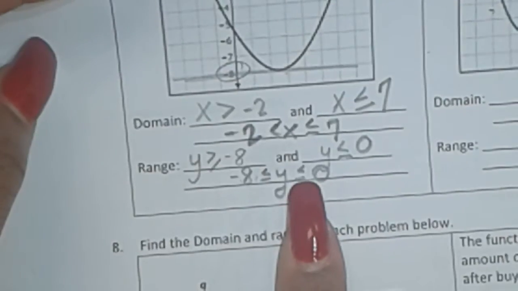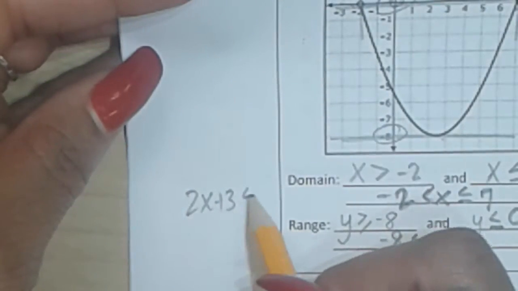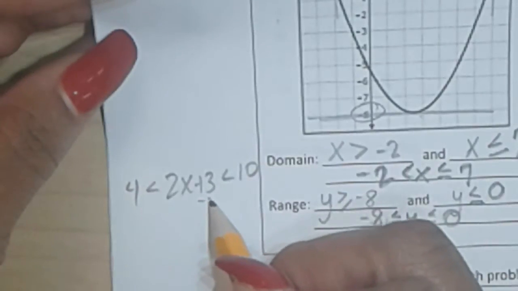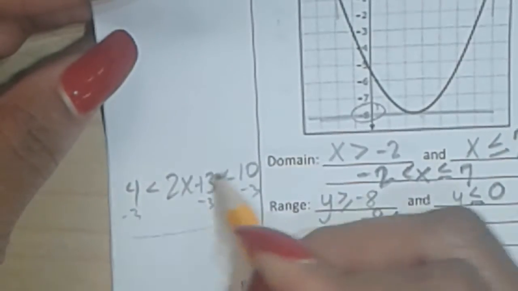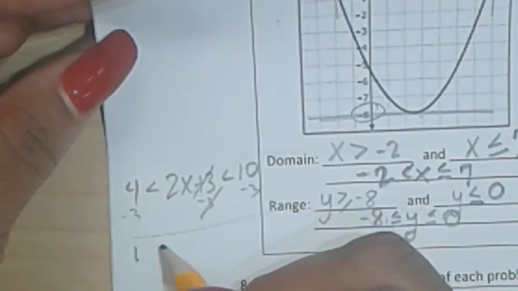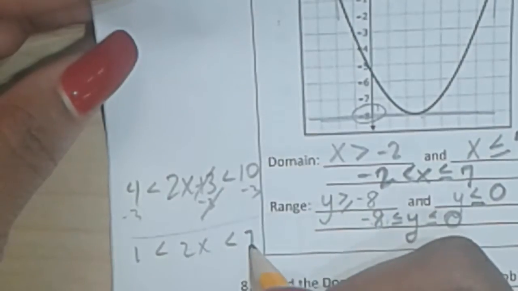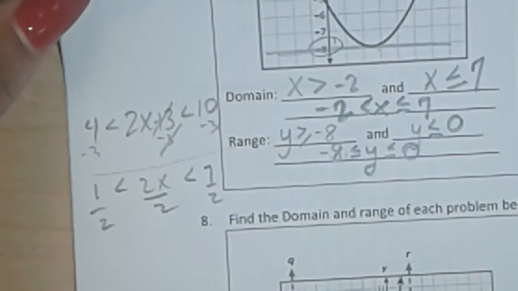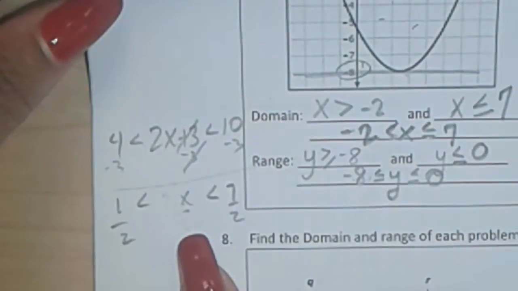Are we working a compound inequality right now? No, that's simple. It looked something like this when you did it. And you had to say minus 3, minus 3, minus 3. Cancel. 1 less than 2x less than 7, and then divide by 2. And so you were left with that answer.